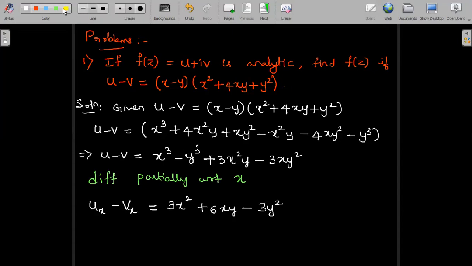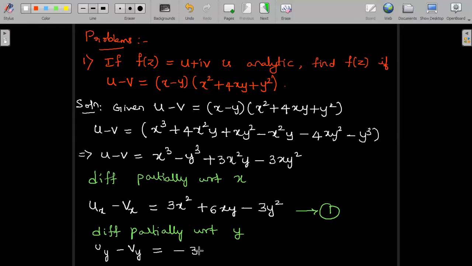Now we will call this equation 1 and simultaneously we will differentiate u minus v term partially now with respect to y. So differentiating partially with respect to y, what we get? The left hand side will be uy minus vy, and the right hand side differentiation, it will be minus 3y square plus 3x square and then minus 6xy.